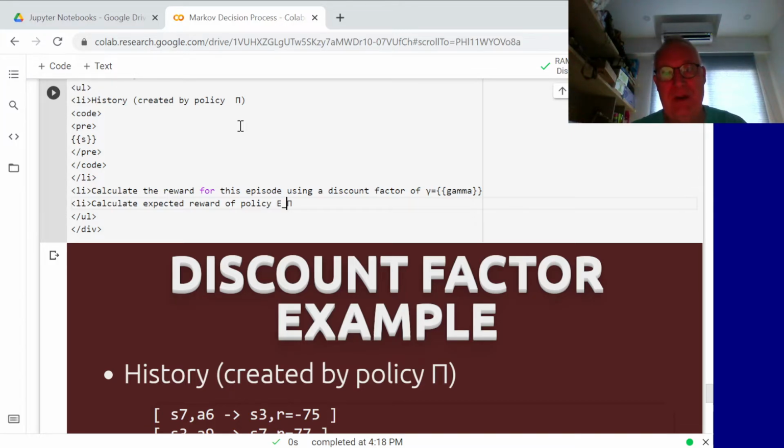So let me see if there is actually a Unicode character for that. I don't even know.